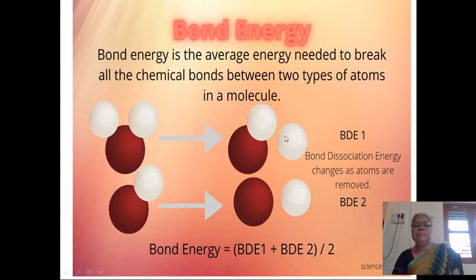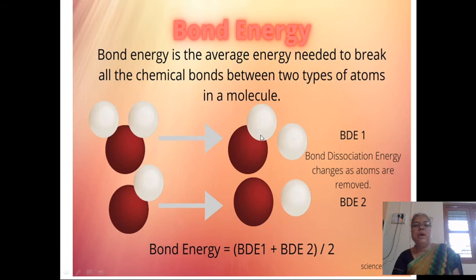Here the bond energy is the average energy needed to break all the chemical bonds between two types of atoms in a molecule. Here we have three atoms. In the first cleavage there is a breaking of one bond, and there is one bond here.